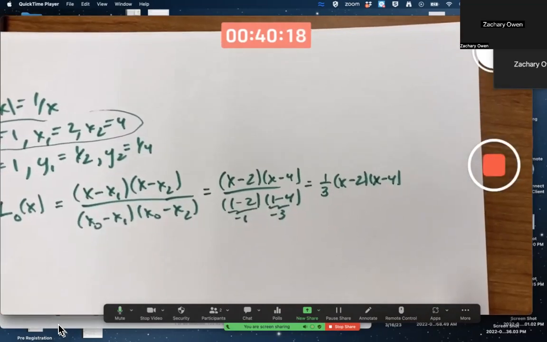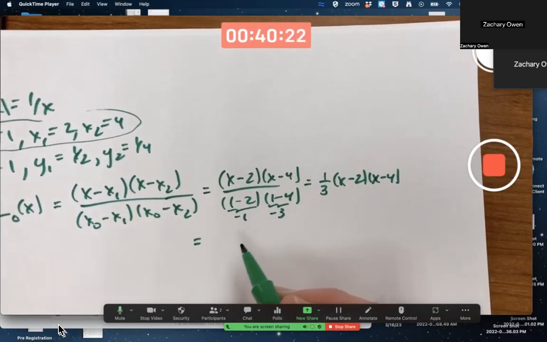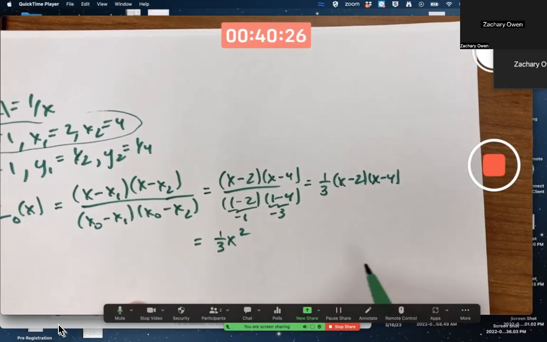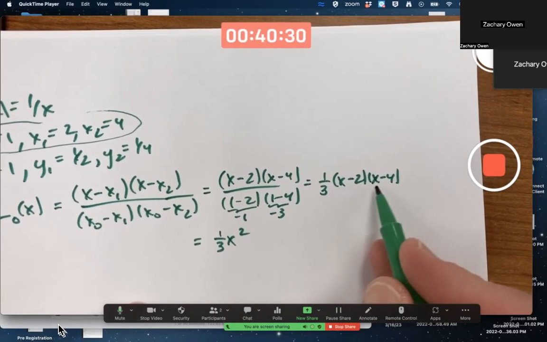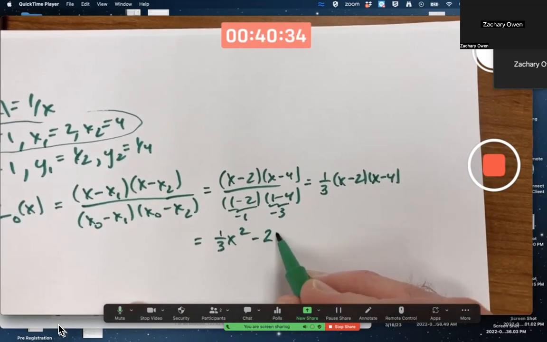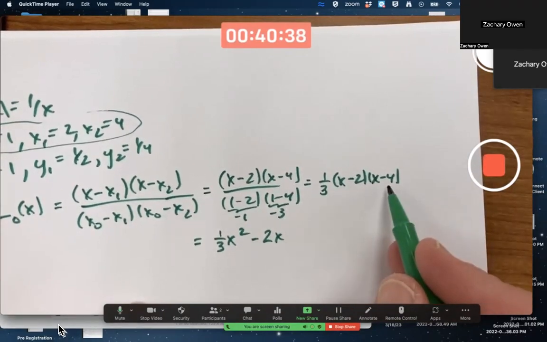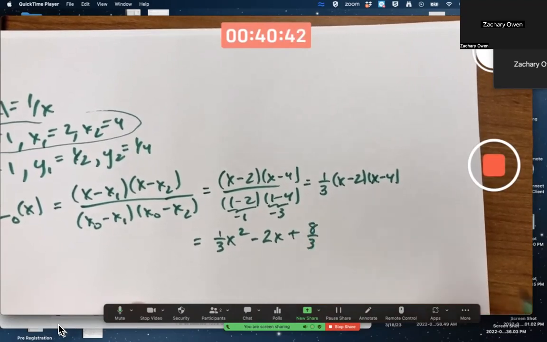Yeah, it's usually a good idea, I think. Expand it out, simplify it. You'll get 1/3 x squared. Outside and inside terms in this product give minus 6x, but times 1/3 will be minus 2x. And then last times last is negative 2 times negative 4 is positive 8, times 1/3 is positive 8/3.